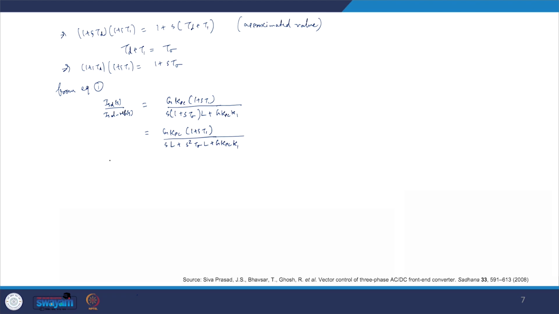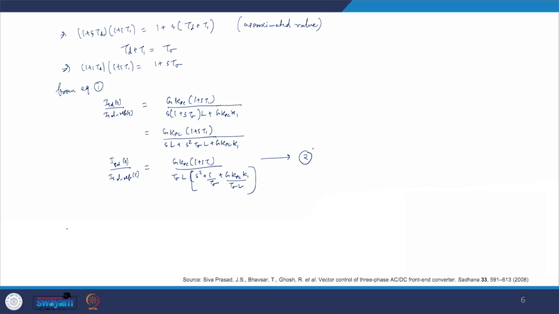When we rearrange, what we get is G Kpc, 1 plus ST1 divided by T sigma L, over S square plus S by T sigma plus G Kpc K1 by T sigma L, and this we will define as equation number 2.